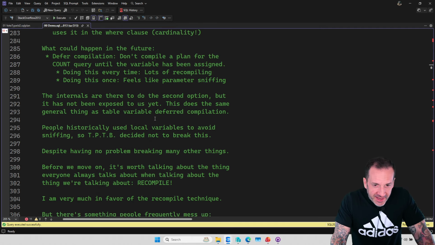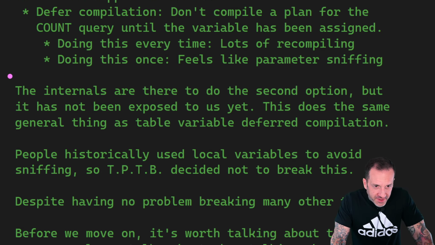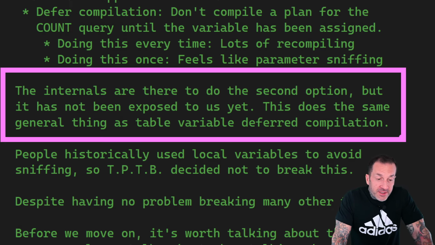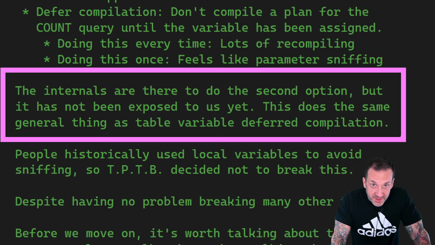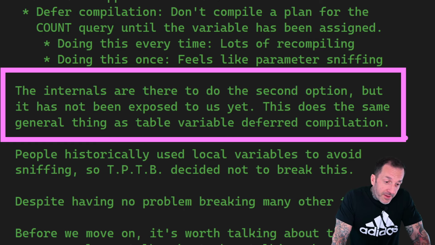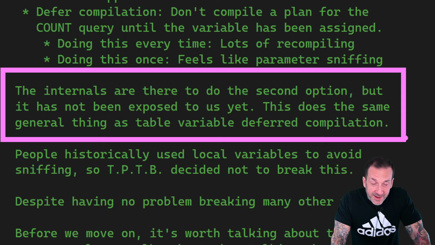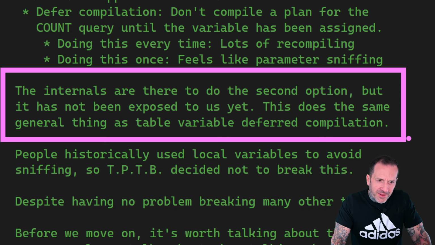So the internals to do the second thing are actually in the product. They're just not available to us. From what I hear, you need WinDbg and you need to start altering memory addresses in order to expose it. It's not even like some super secret trace flag, but you could get local variables to act with local variable deferred compilation, I guess it would be, if you're feeling bold and brave.